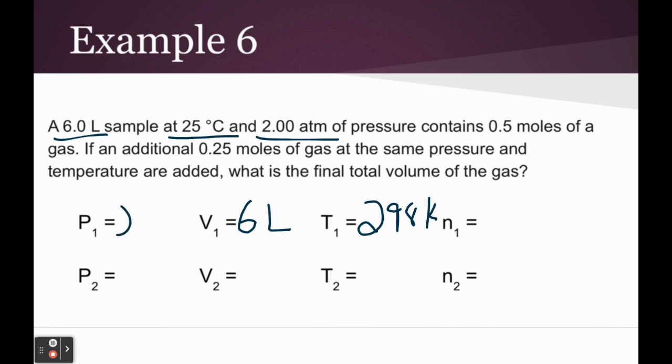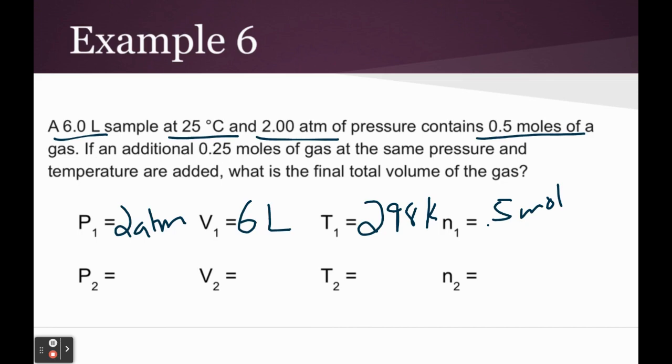At 2 atm, it contains 0.5 moles of the gas. If an additional 0.25 moles of gas at the same pressure and temperature are added, what is the final total volume of this gas?